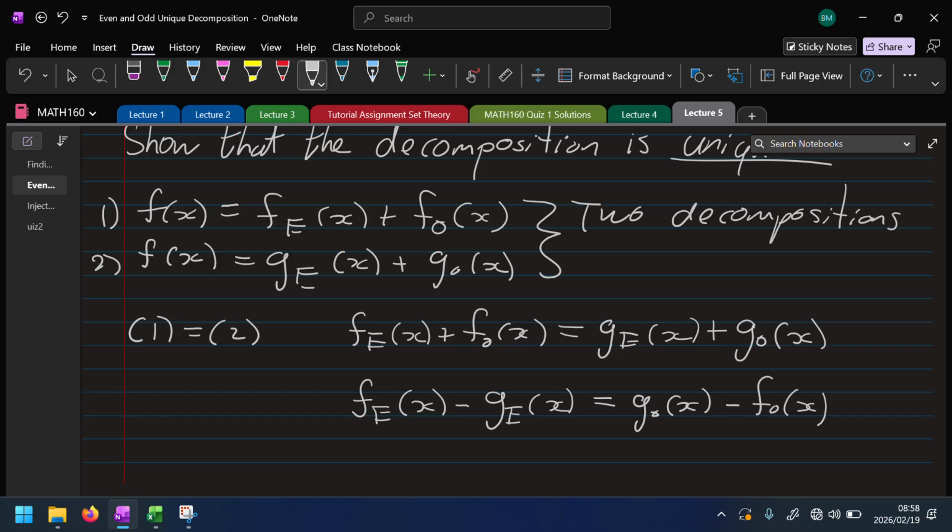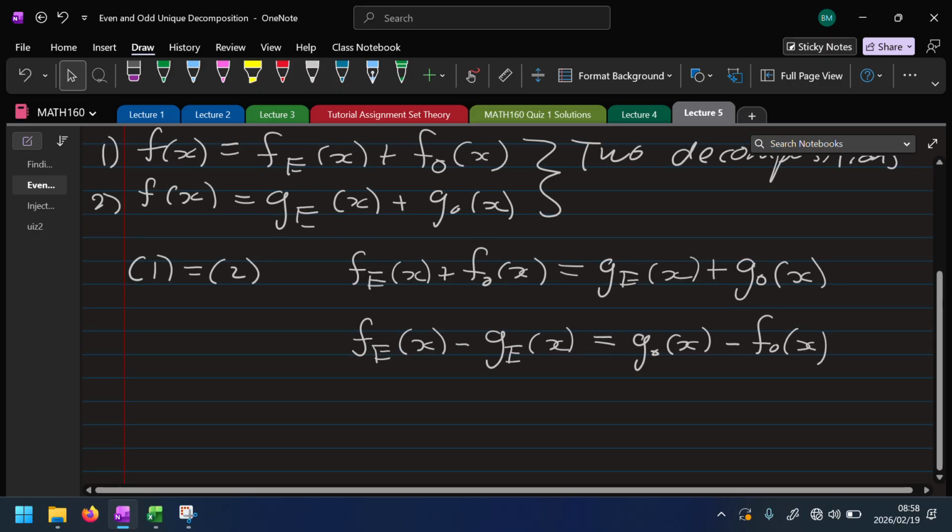So we know that this is even, and we know that this is even. If we substitute minus x into both of these, we just get back the original function. So these are both even. The difference is also even, because you put in minus x, and we just get back to where we started. Everyone clear on that?